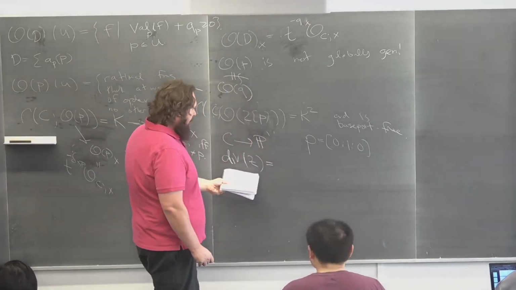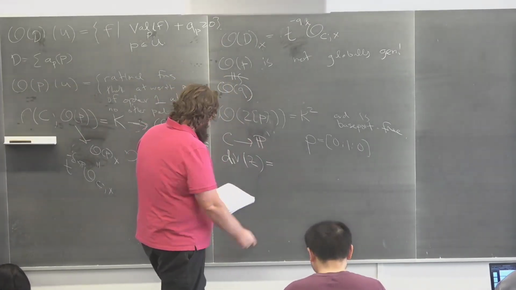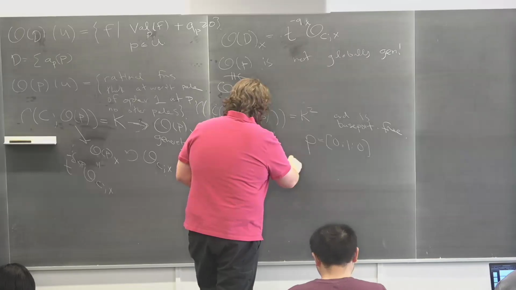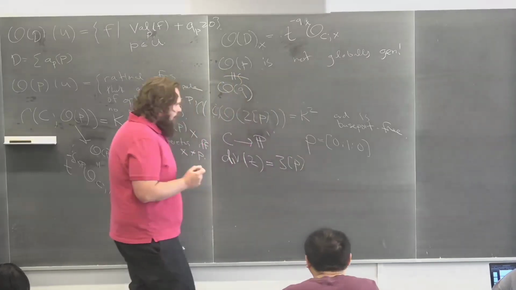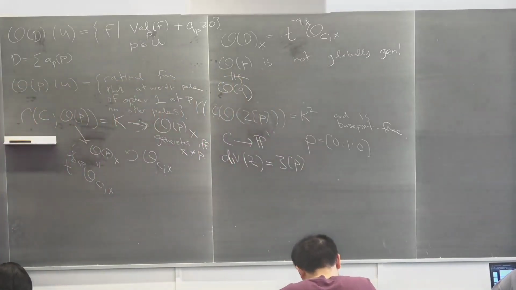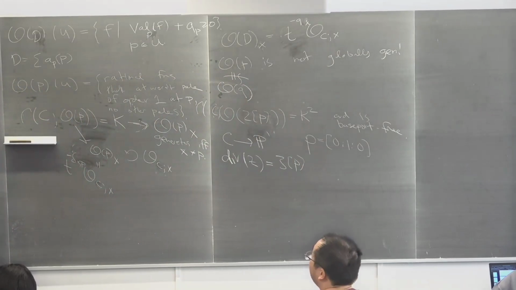So as a section of a line bundle, I haven't even told you what the line bundle is yet, I get vanishing to order 3 at this point. So again, you can check if z is 0. I just said that. This is the only point on the line at infinity, right? Z equals 0 is the line at infinity for this picture. And I only get one point where it vanishes. And because this is a cubic equation, it vanishes to order 3. That comes from the x cubed here.